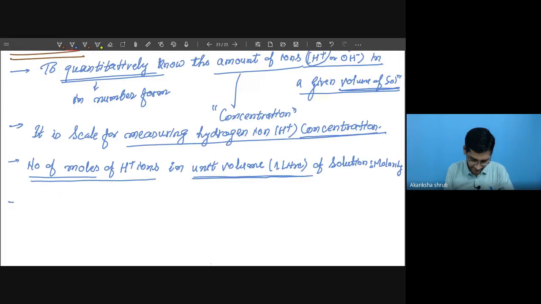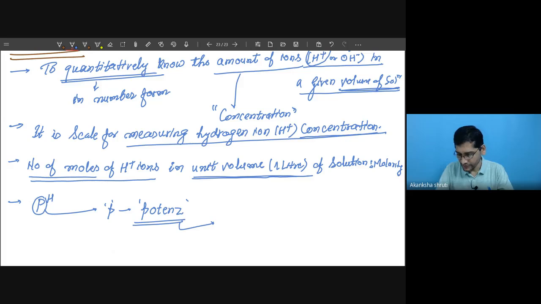In pH, the P stands for proton, which comes from the term proton that we already learned in class 9.